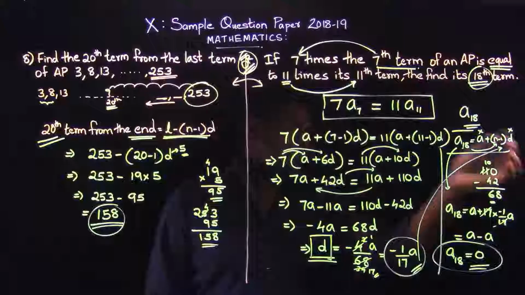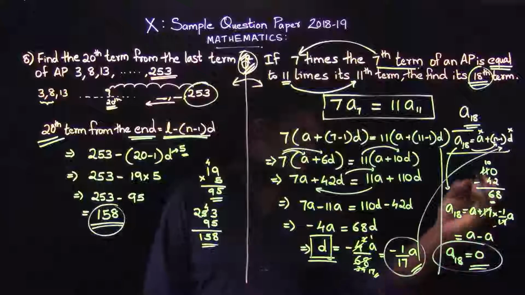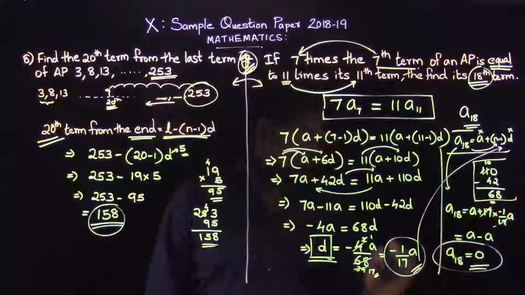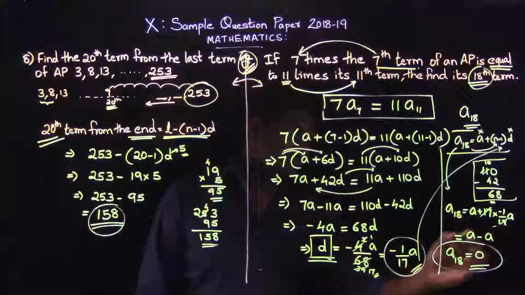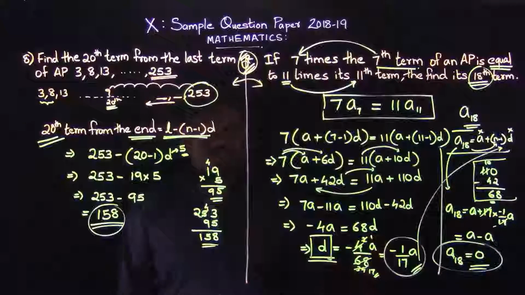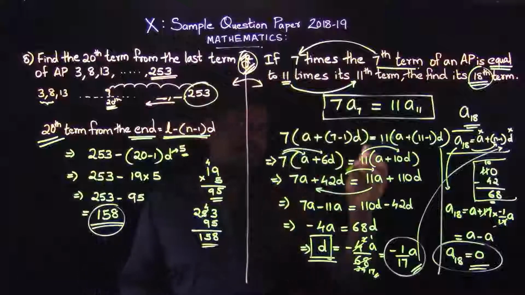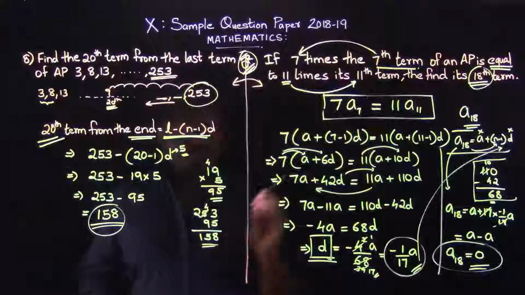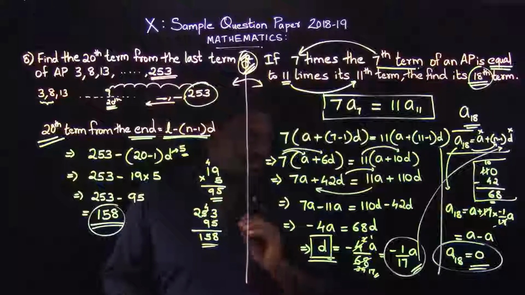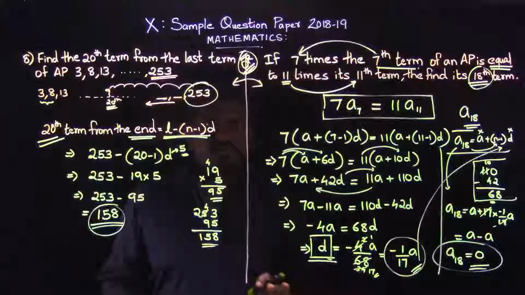I substituted the value of d here, then simplified, and I got a minus a, which is 0. So this is the answer. Fine. I don't think AP is so hard. Just a minor thing is that you need to know the formulas. When you know them, it's always good to go with all the questions here.